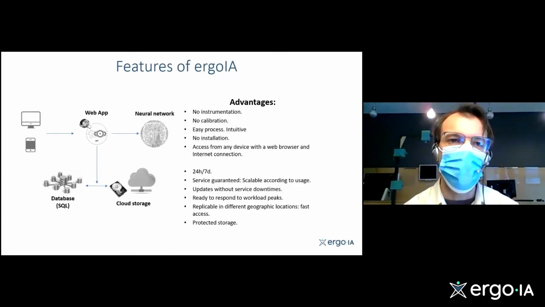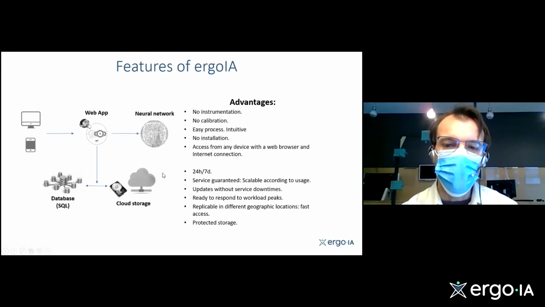It works with any kind of image. And of course, another advantage is that it is a web app, it is a web service, and this means that you don't need to install anything on your computer. You only need a device with a web browser and internet connection. Also, it's a tool that works in the cloud, so it works anytime, 24 hours, 7 days per week, and it's scalable according to usage.